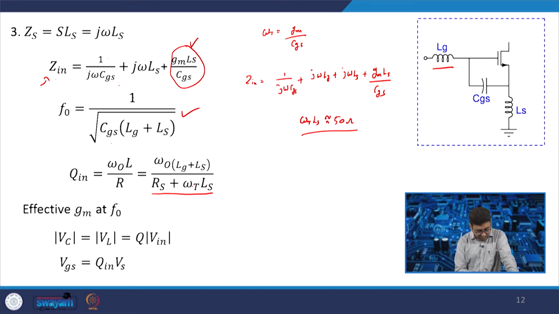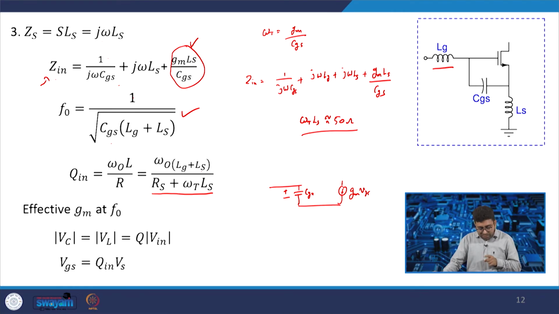So if we see the effective Gm at the f naught, if this is your MOSFET and this is a Cgs capacitor, we have already discussed that during resonance, and I also told you that we will use the same equation again.